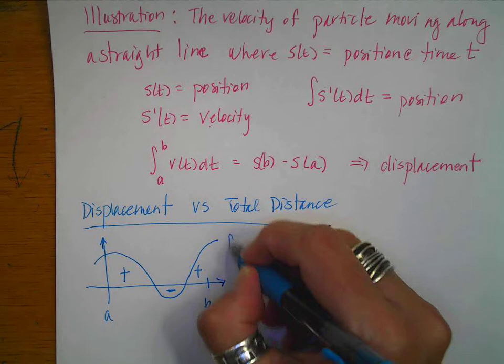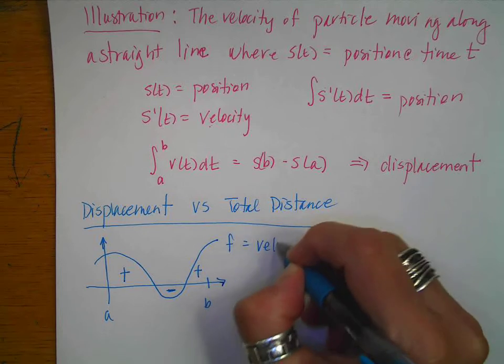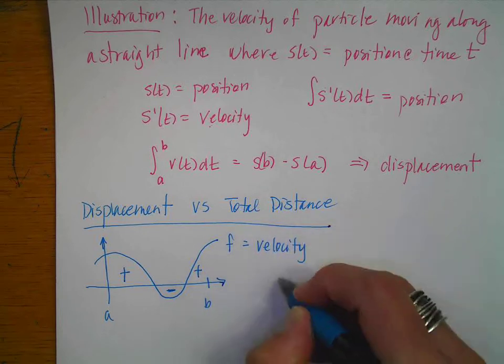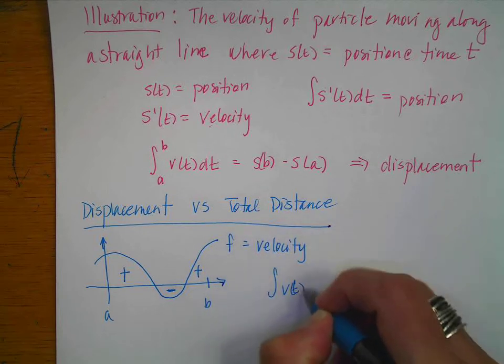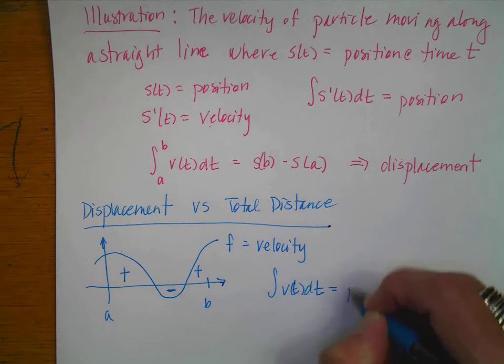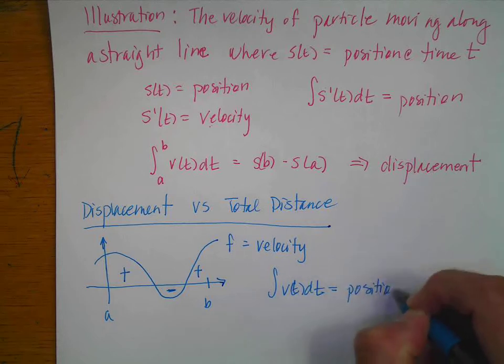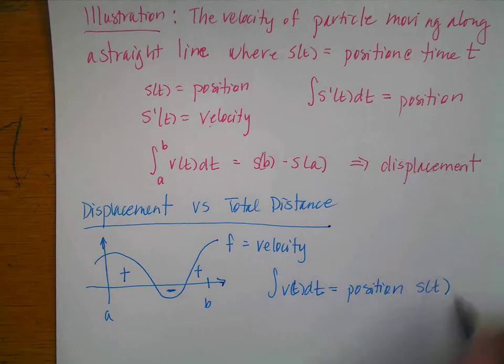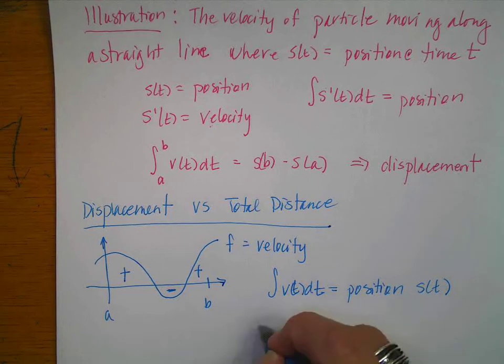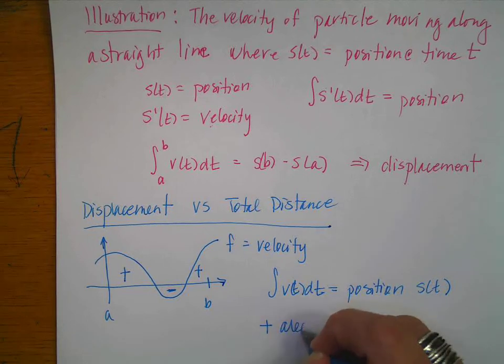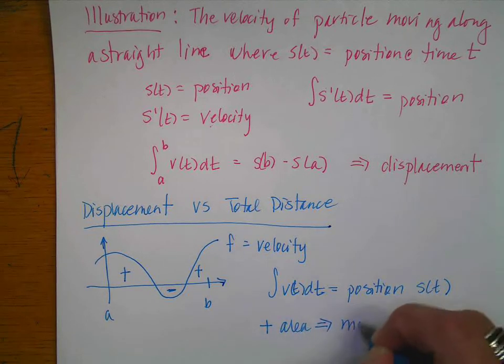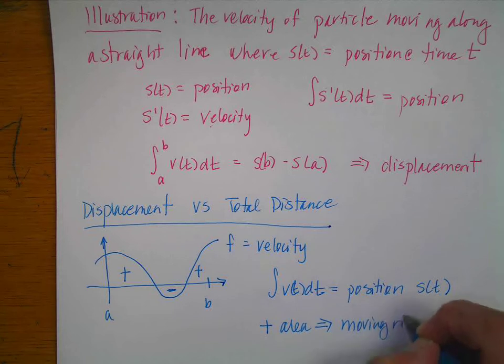If I tell you that F is going to be velocity, so if I integrate v of t dt, I'm going to get position, or s of t. If I have a positive area, then I am moving to the right.